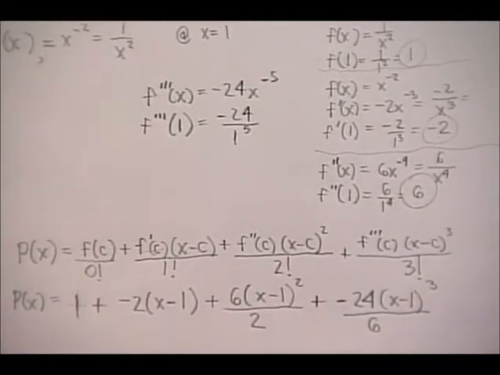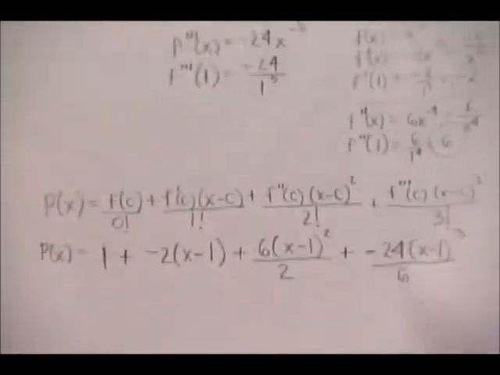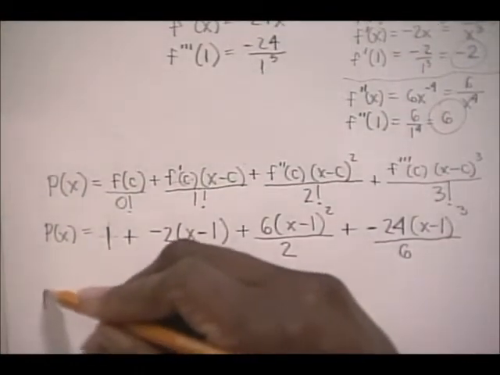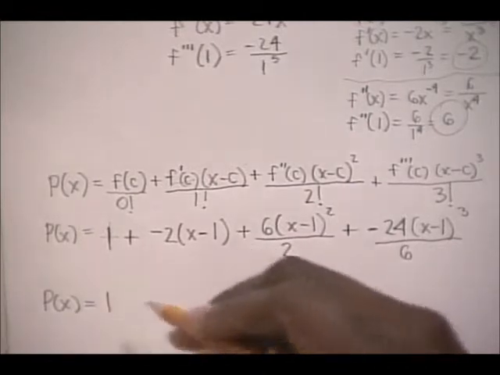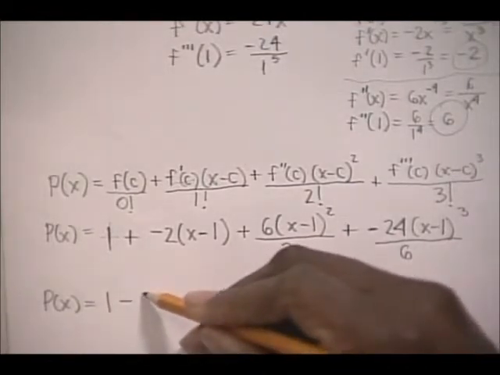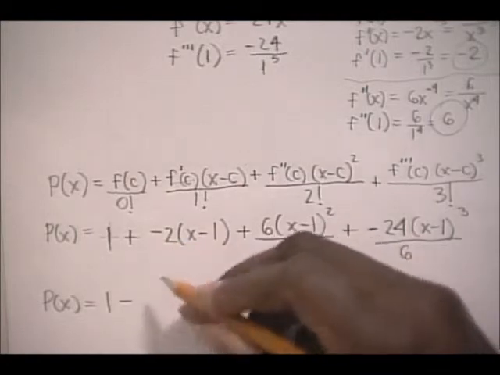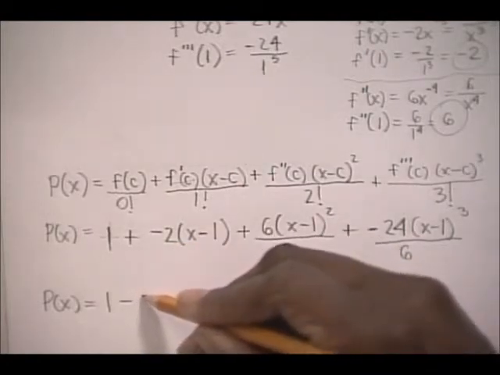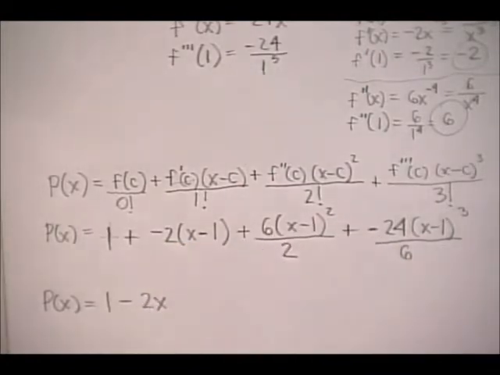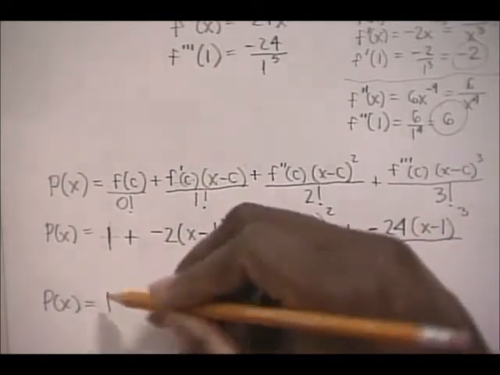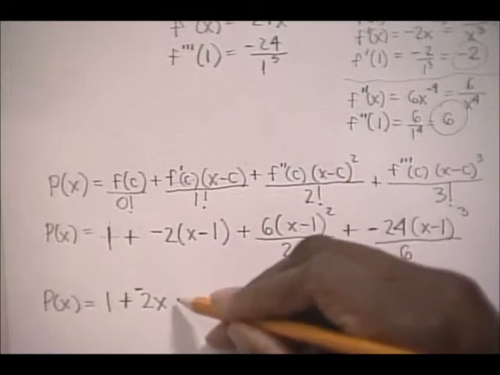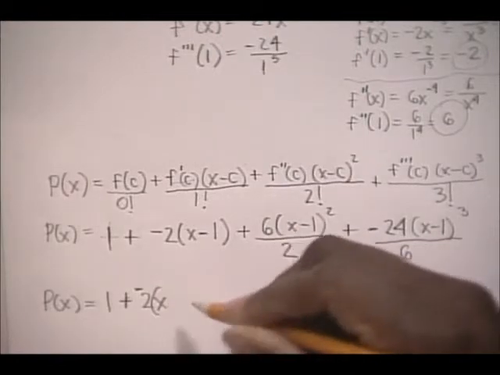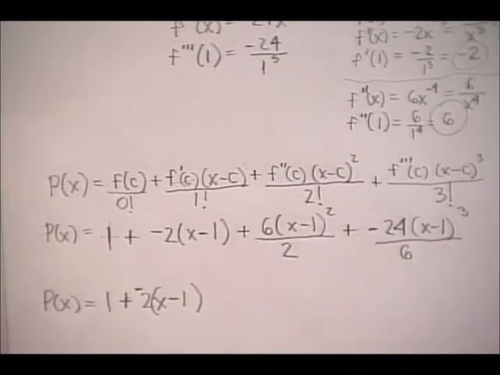All right, so now all we're going to do is just simplify all this. So we have P of x is equal to 1 plus a negative 2 times (x minus 1). There's a couple ways you could write this.